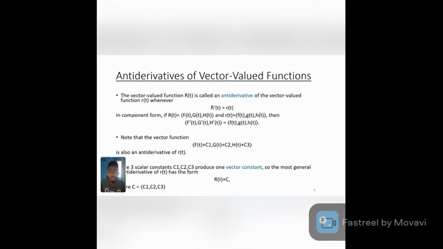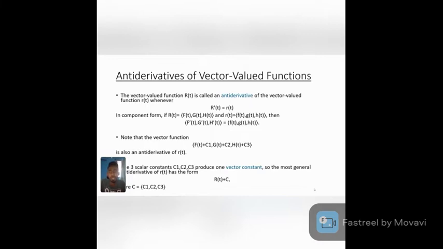In the component form, if r(t) equals f(t), g(t), h(t) and R(t) equals F(t), G(t), H(t), then F'(t), G'(t), H'(t) equal f(t), g(t) and h(t).